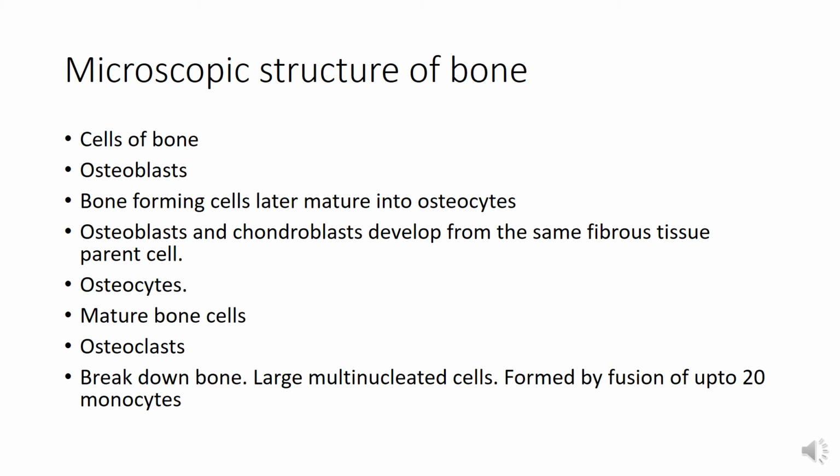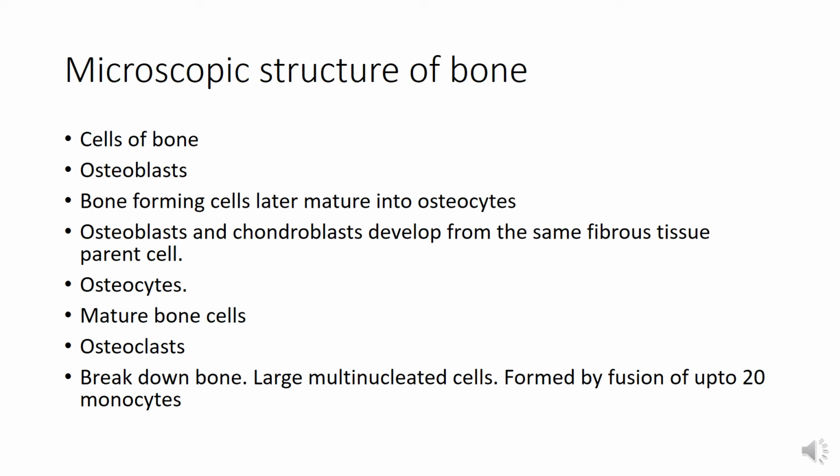The cellular component of the bone constitutes less than 2% of the bone mass, and these include the osteoblasts, which are responsible for the formation of bone, and these later mature into the osteocytes. The osteoblasts and the chondrocytes, the cartilage forming cells, develop from the same parent fibrous tissue.